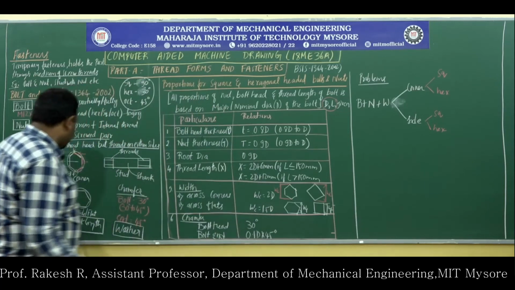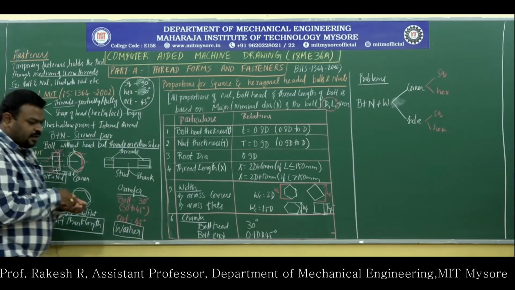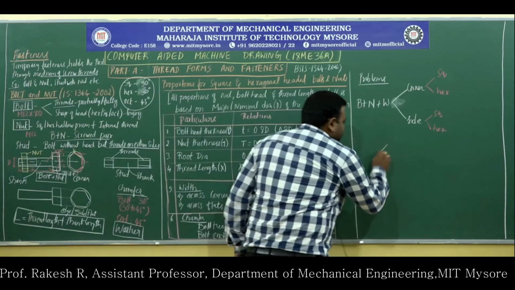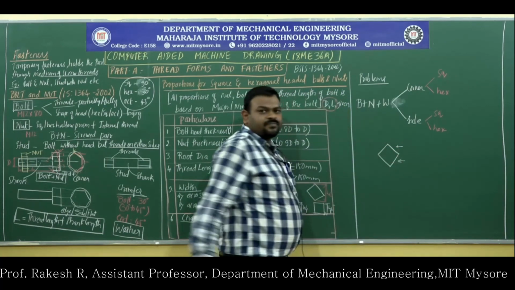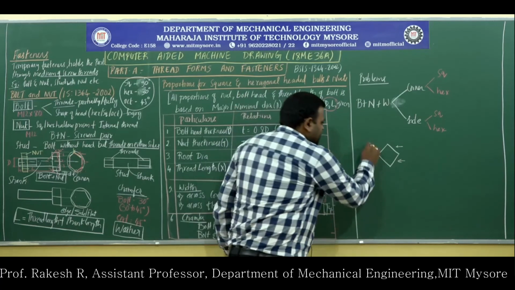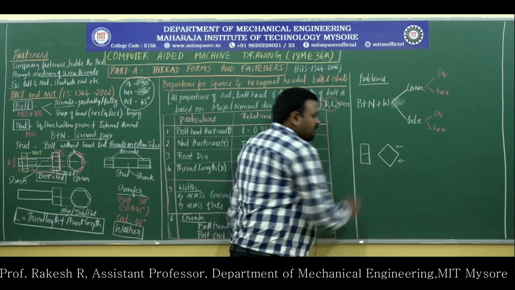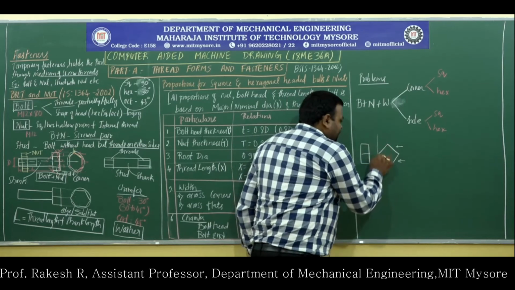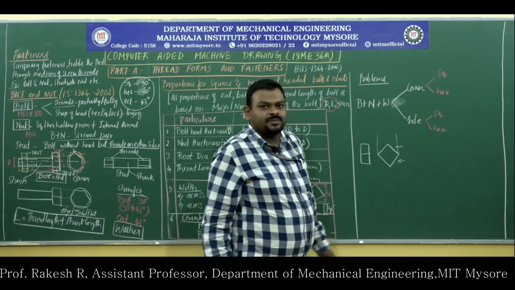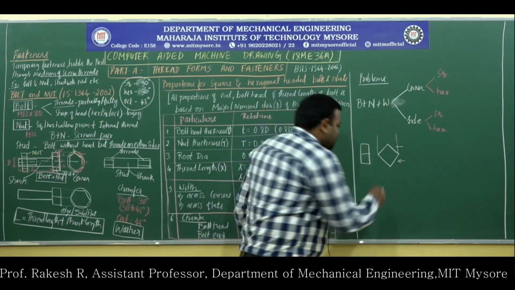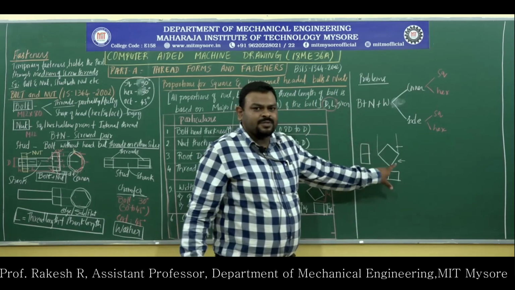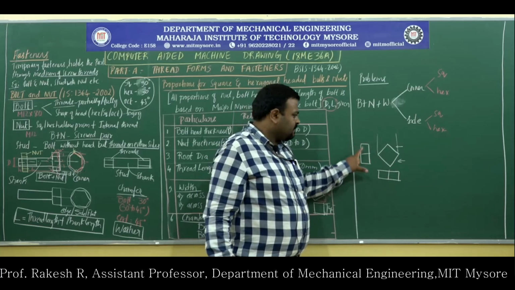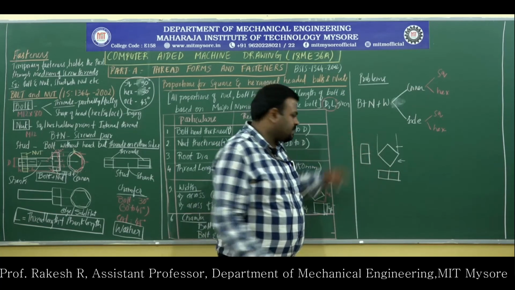If you place the square on corner, this is the condition. Only 2 faces are visible in the front view, and again 2 faces are visible in the top view. In both views, front view and top view, 2 faces are visible.